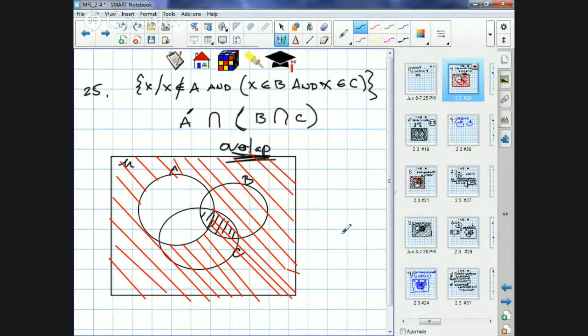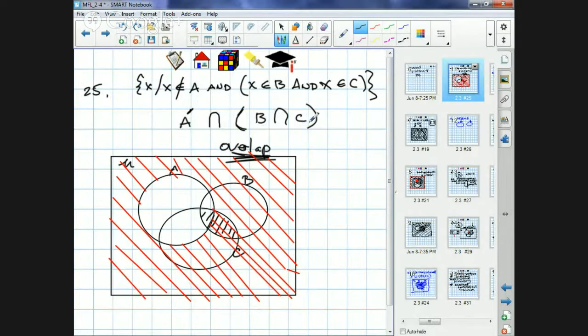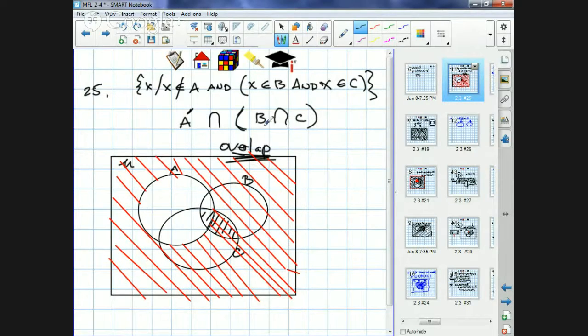Well, I took one shortcut. First of all, you see how I translated this into sets up on the top. You did the A complement. Yeah, and then X is an element of B and X is an element of C. That's just B intersects C, anytime you see an and. So here's the shortcut I took. What's B intersects C? Instead of doing it all, I just said, where does B intersect C? It's this black shading.